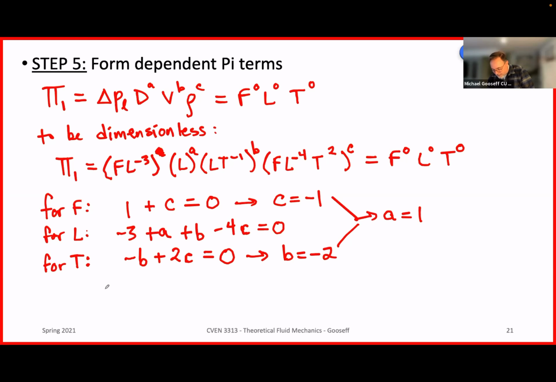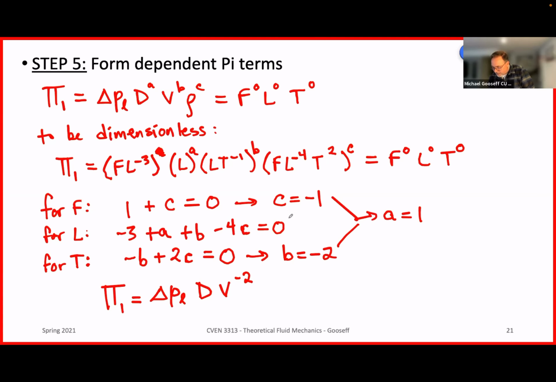So now let's take this back and put our pi terms into place, all right? So what this looks like then is pi 1, we go back to this master equation at the top, is equal to delta PL times D, right? D is basically D to the A, so D to the 1 power is just D. Then we multiply by V to the B power. B is a -2, so we have V to the -2, and then we multiply by rho here to the C power.